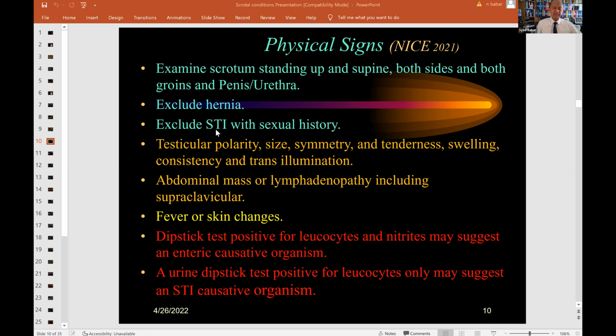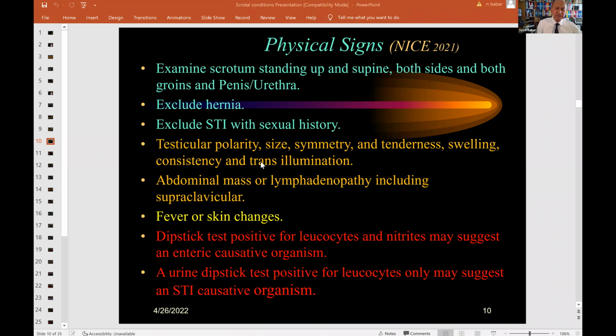One would need to then assess the testicle in terms of the polarity. Is it lying in its right anatomy, size, symmetry, tenderness, swelling, consistency of the testicle, which would be hard and non-tender in malignant conditions, and it will be soft and tender with epididymoorchitis, and whether there is transillumination present, which shows the presence of hydrocele.